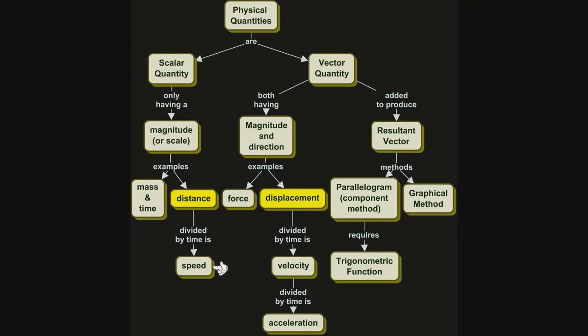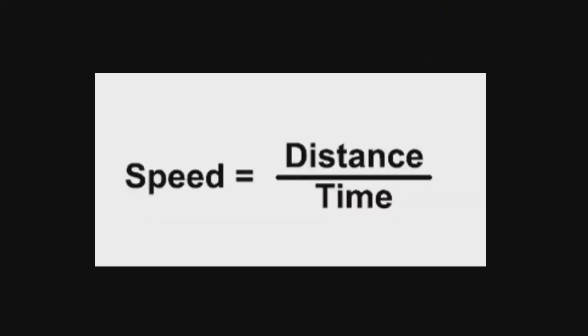For now, we will consider speed and determine what speed is. Again, the formula for speed is distance over time, not displacement. Since distance is a scalar quantity, speed is a scalar quantity. It has no concern with direction.